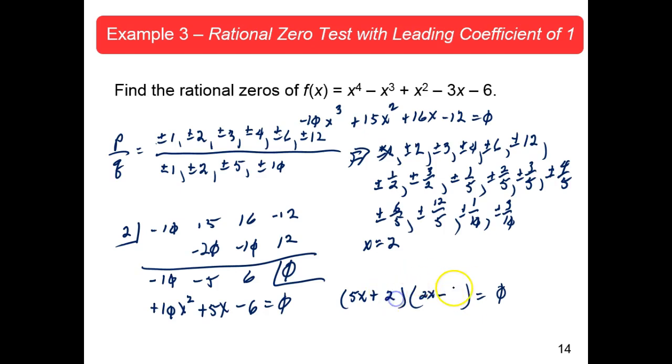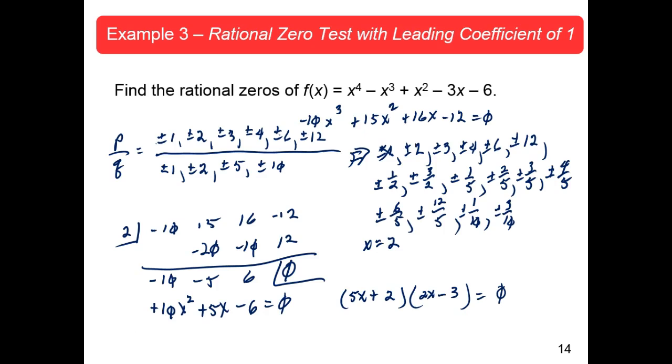I'll write them down the way you said them. Now, I think that's not a bad choice. Here's why I say that. If you had said 3 and 2, I would have said bad choice, because that would have indicated 2 would be a factor of this. If 2 is a factor of that, it would have been a factor here. It's not. So that's a good choice. I don't know if it works, but it's a good choice. Let's see if it does.